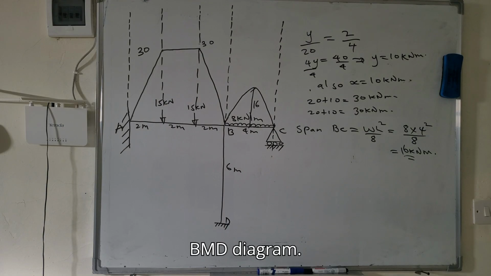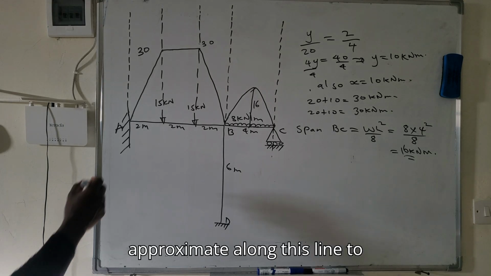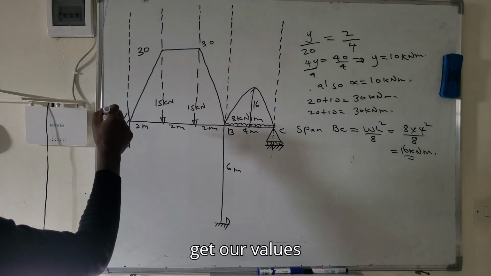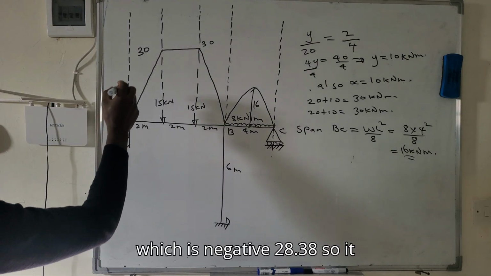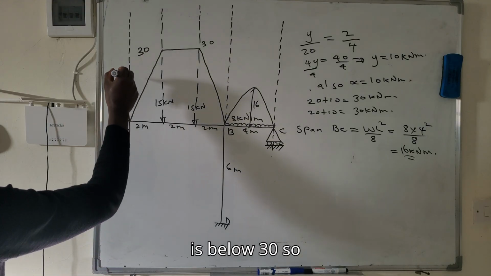If you go to our table, you will see that at AB we had negative 28.38. So we approximate along this line to get our value, which is negative 28.38. So it is below 30.